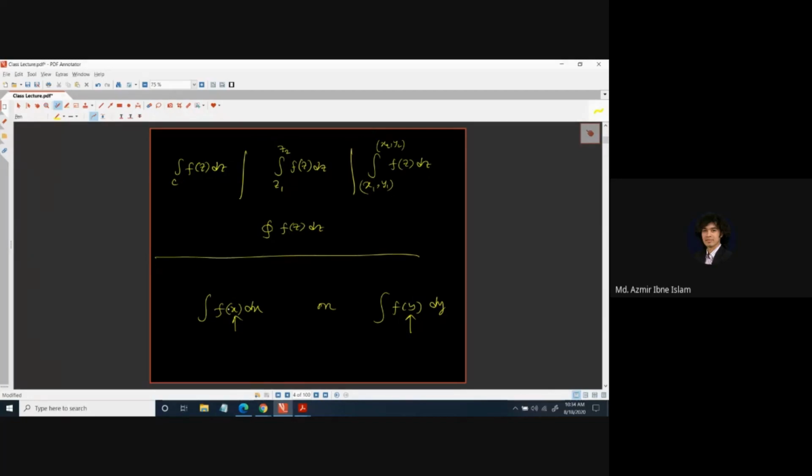Whenever we have f of x, you are sure that there will be a lower limit x equal to, let's say, a, and an upper limit x equal to b. That means the limits will be for x. For f of y, the limits will be for y. Let's say it is y equal to c, y equal to d.